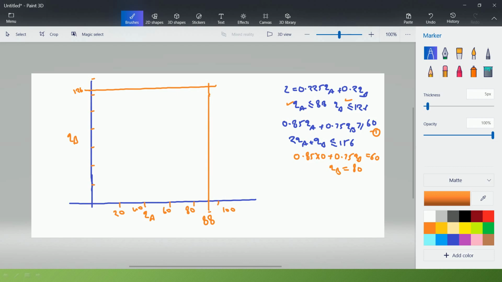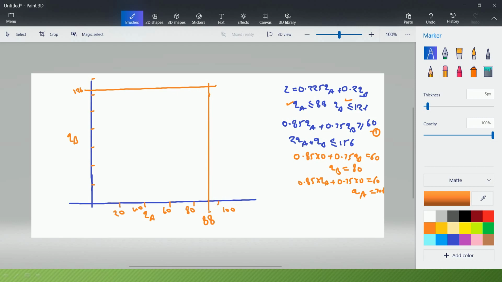Now putting QB equal to 0, 0.85 QA plus 0.75 times 0 equal to 60, I will get QA equal to around 70.6. If QA equal to 0, QB is 80.